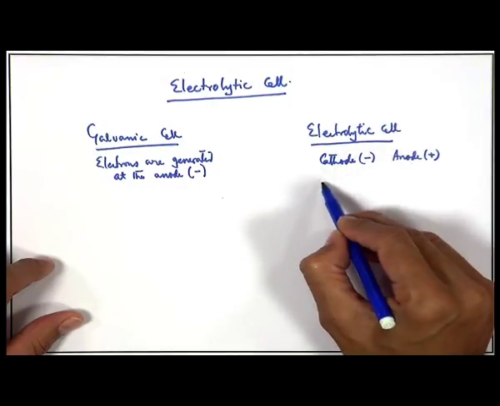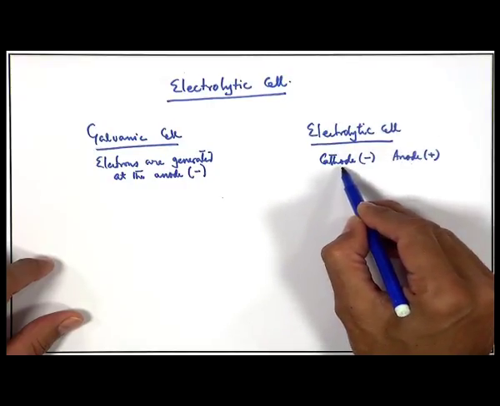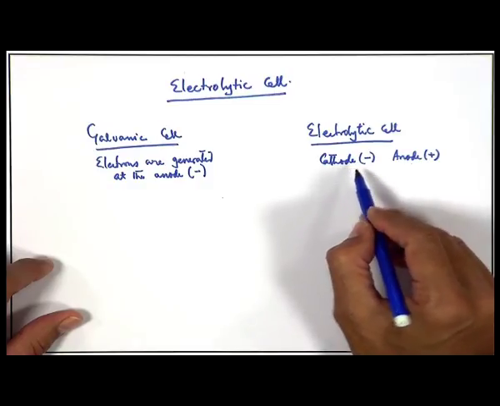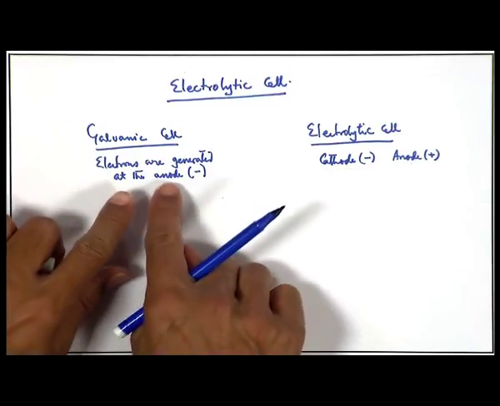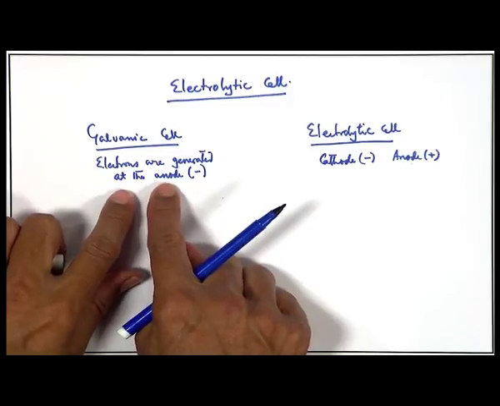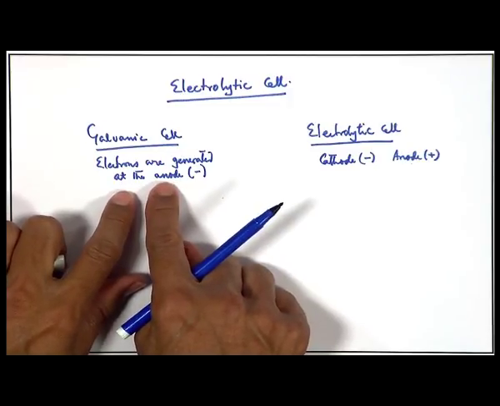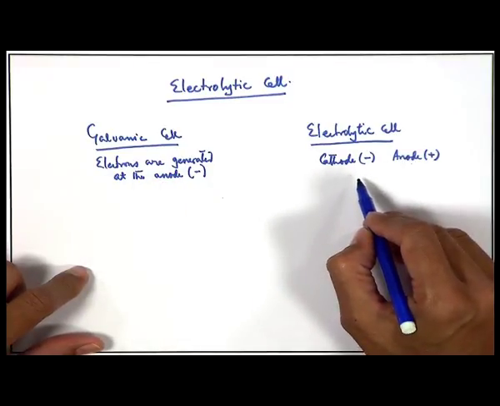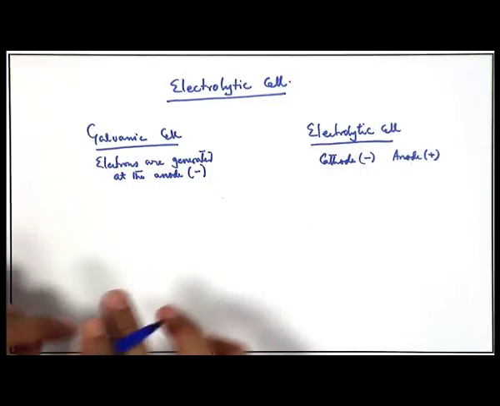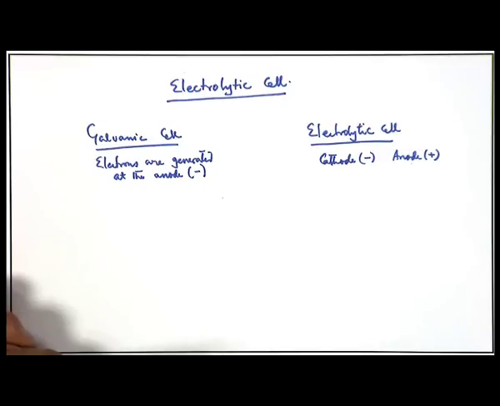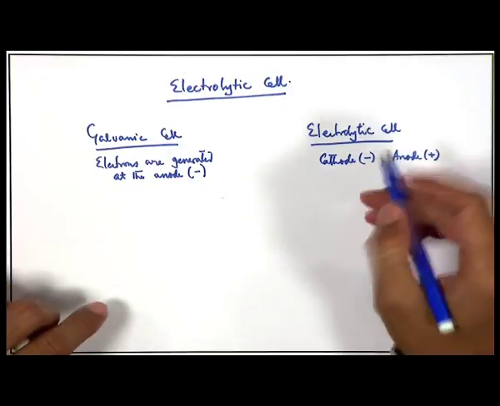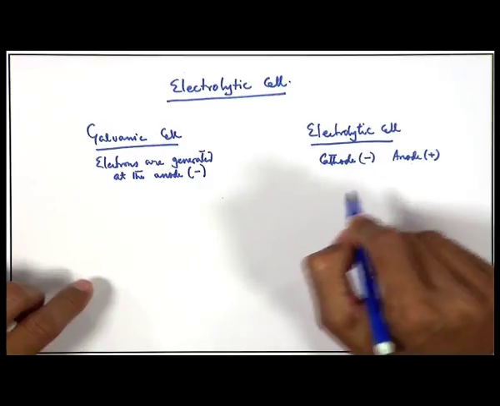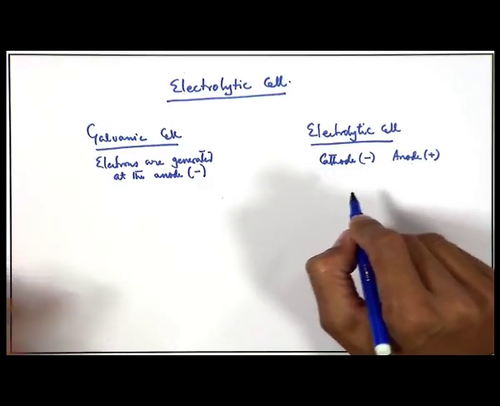So typically the difference is that in a galvanic cell the electrons are generated within the cell as a result of some chemical transformation, whereas here the electrons are fed from outside to the cell, and the chemical reaction takes place over there.